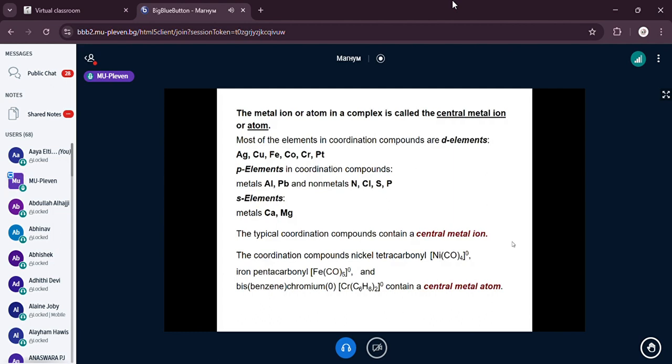All these coordination compounds contain a central metal atom, which means that the central species in this complex is neutral. It has no charge. While in most other examples, the central metal ion bears a charge.